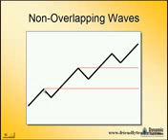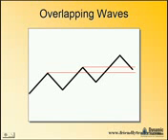They're corrections because they are counter direction of the main trend. And as you can see, the lows of these two corrections do not trade into the range of the previous trend. They are non-overlapping waves, characteristic of trends.